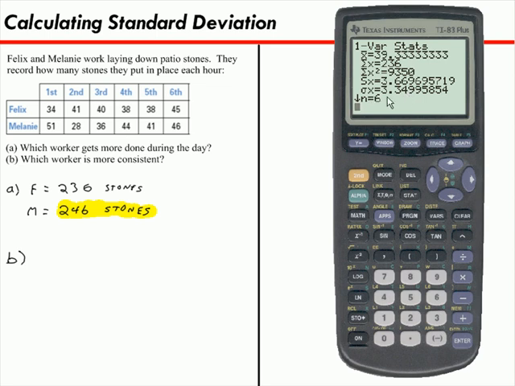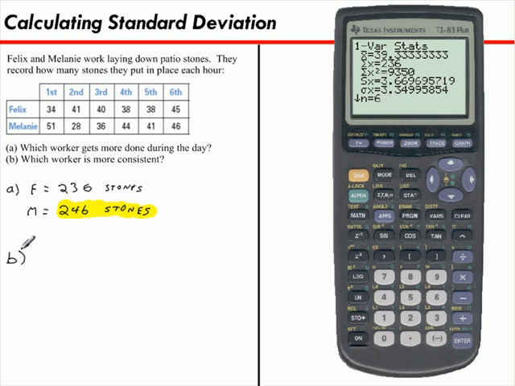So the standard deviation for Felix is 3.35 roughly. So what this means is, in an average hour, you can expect Felix to put down about 39 patio stones, give or take about 3.35 patio stones in either direction of the mean. So about 3 more than 39 or about 3 less than 39 is possible.